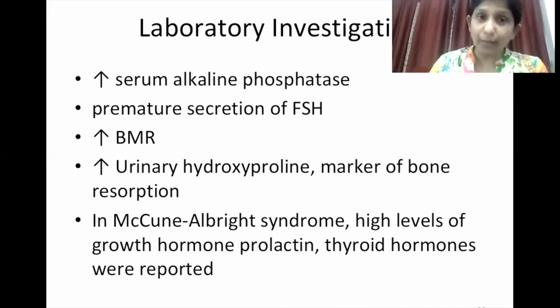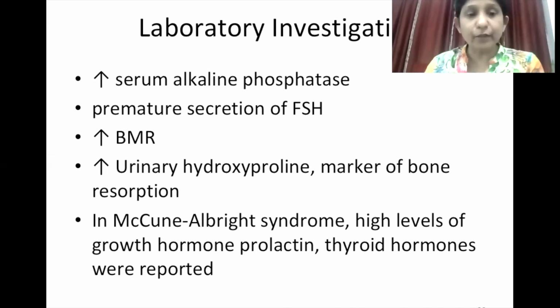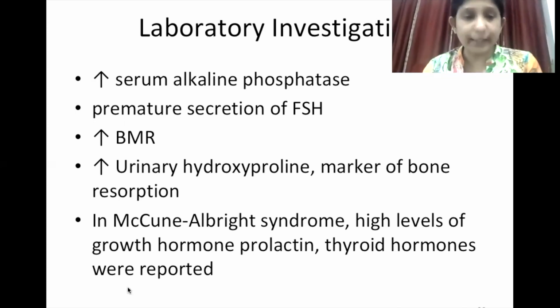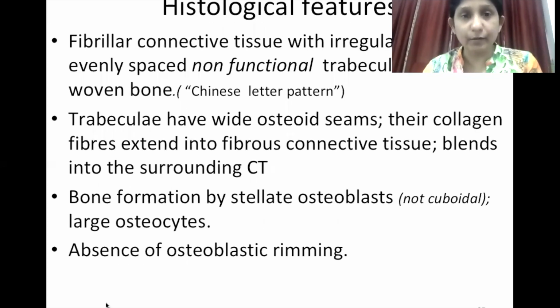And in McCune-Albright syndrome, you will find high levels of growth hormone, prolactin. Now, McCune-Albright is where you find endocrine abnormalities. It's a polyostotic type of fibrous dysplasia where you find a lot of growth hormone called prolactin, and even thyroid secretion is reported.